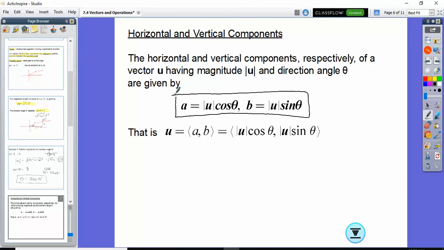Your A is your magnitude times the cosine of your angle. And your B is your magnitude times the sine of your angle.